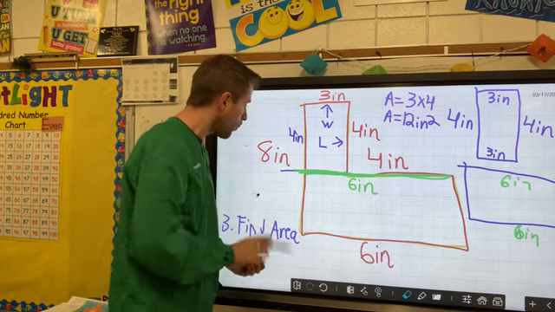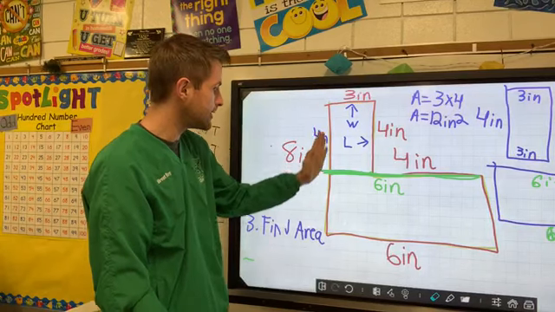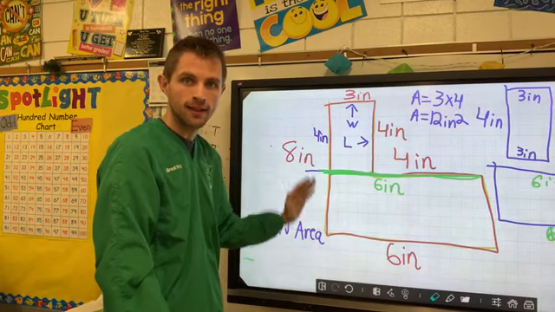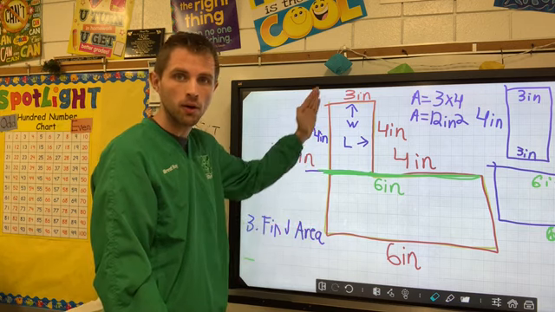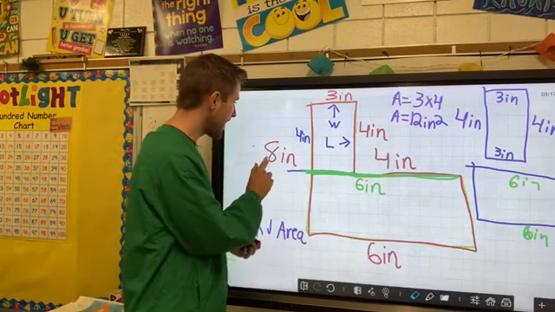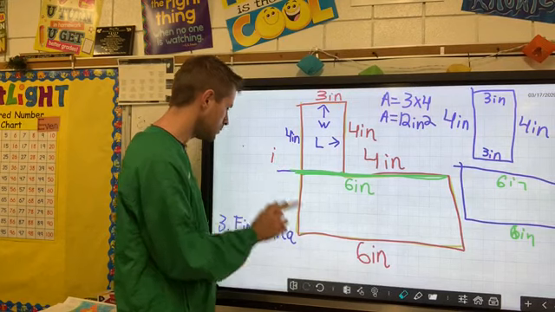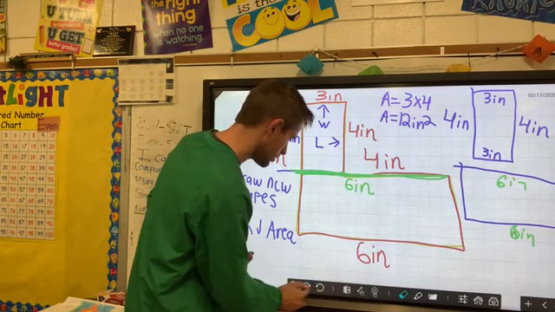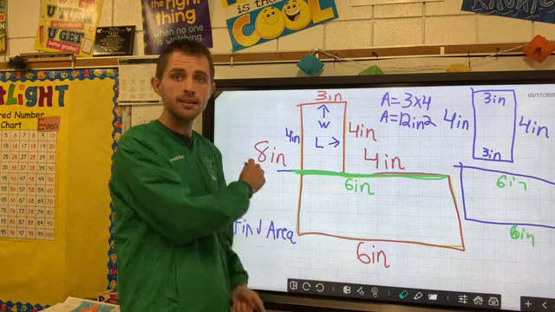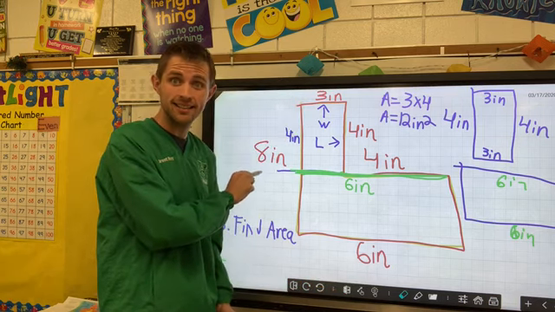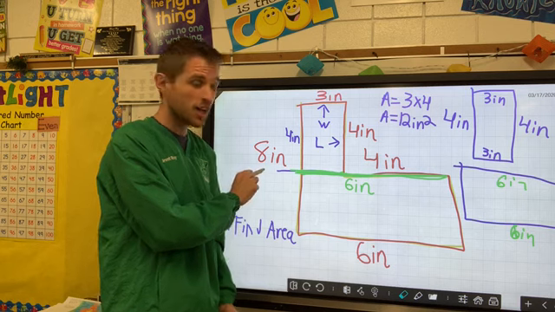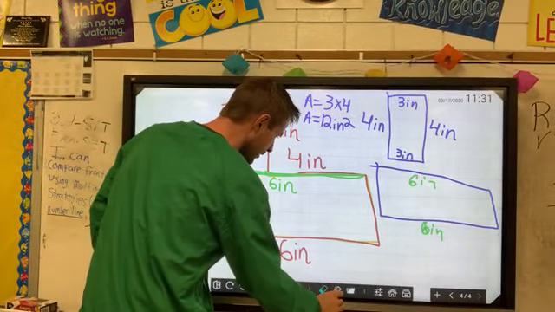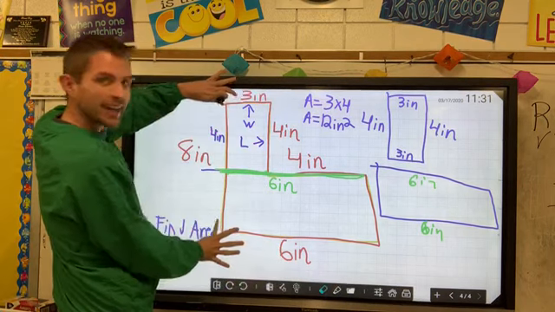Now, what did the length used to be for this big rectilinear model? It used to be 8, right? It used to be 8 inches, correct? But when we separated our figure, we took that 8 inches apart.